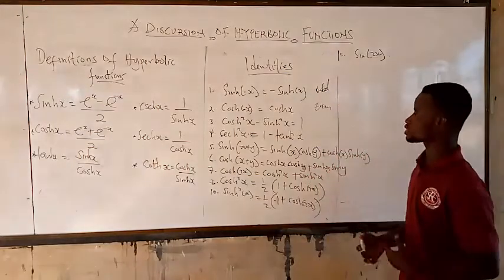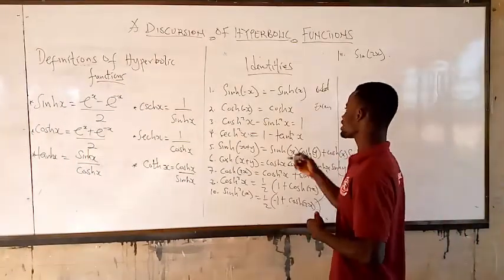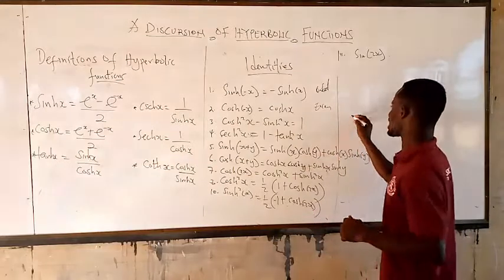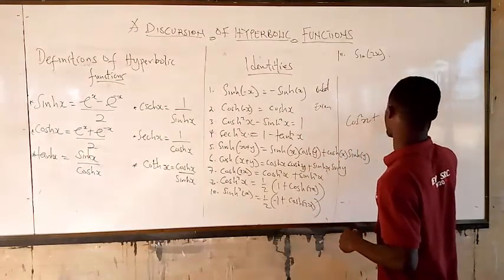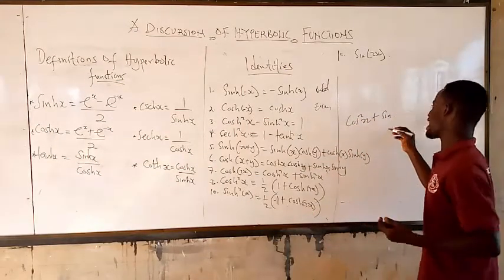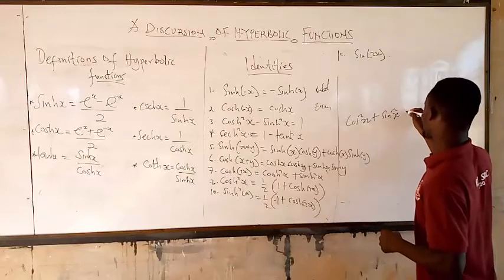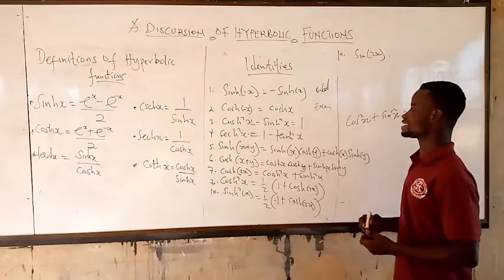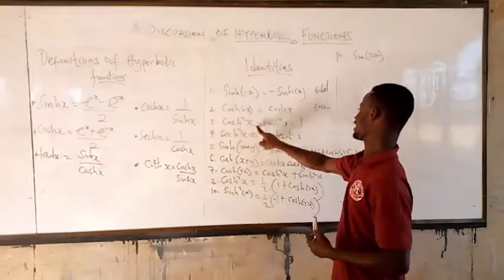You have to know how to convert trigonometric identities to hyperbolic identities. We have a trigonometric identity that says cos squared x plus sin squared x is equal to 1. But in hyperbolic, it will be minus.